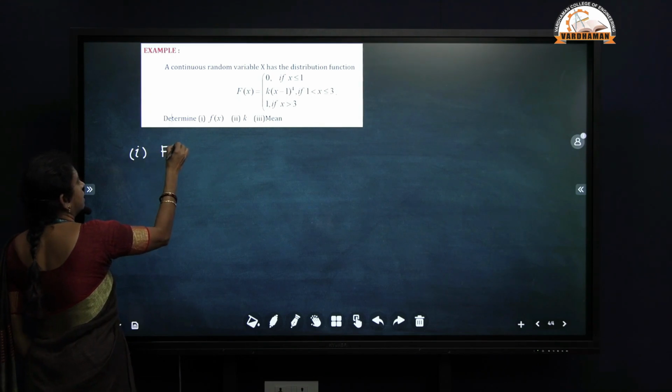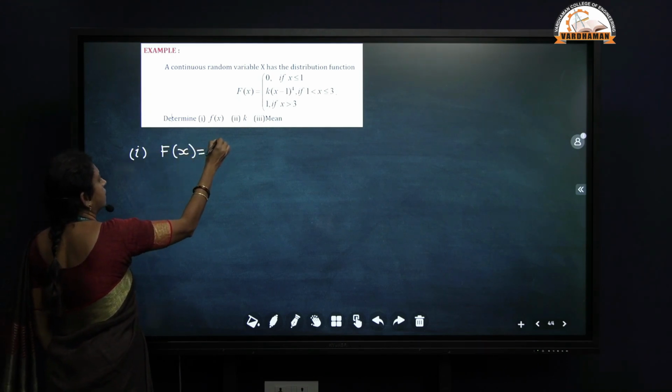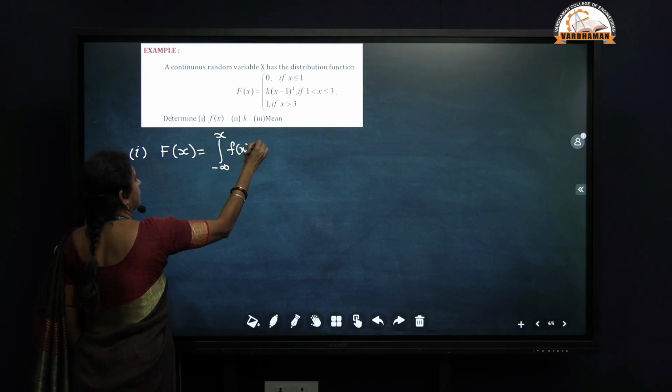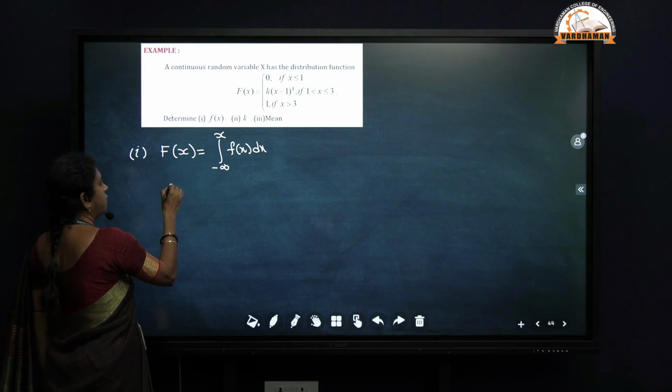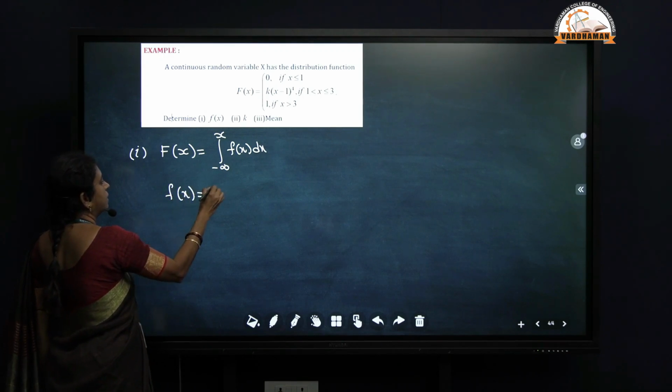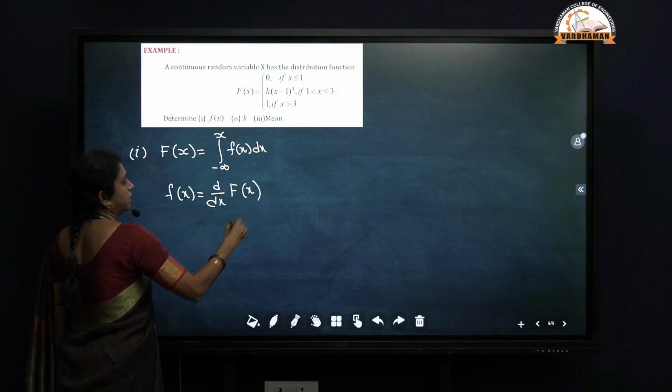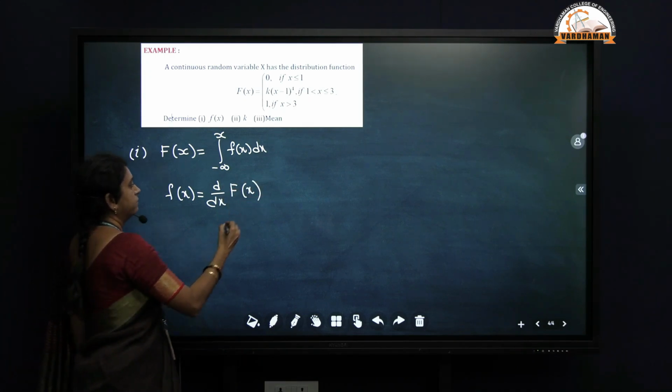So, we know that F(x) is given by the integral from minus infinity to x of f(x) dx, and from here f(x) is given by d/dx of the cumulative function, that is capital F(x).